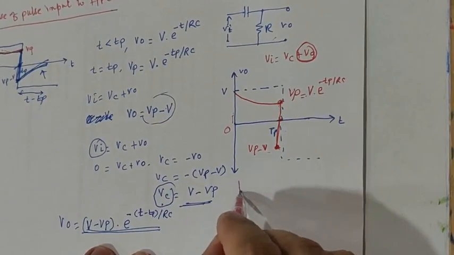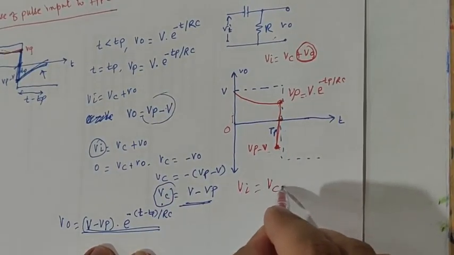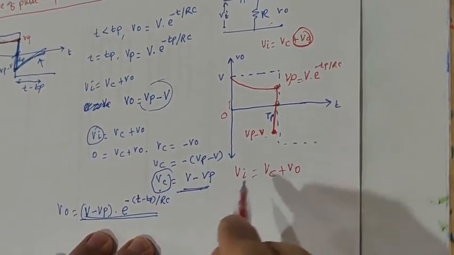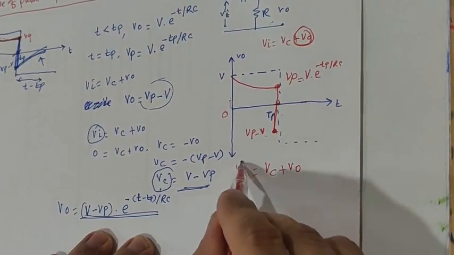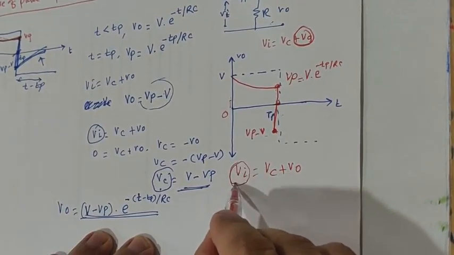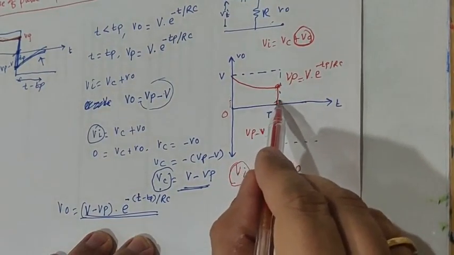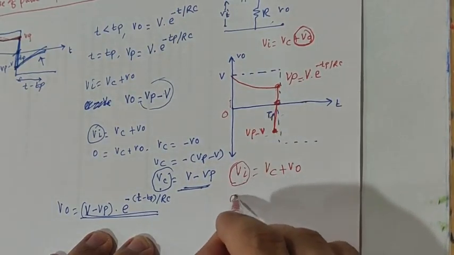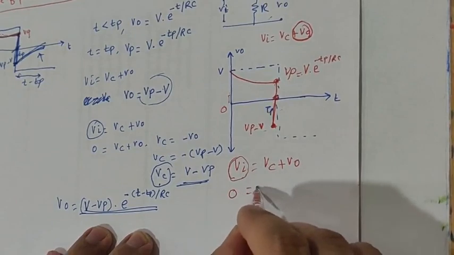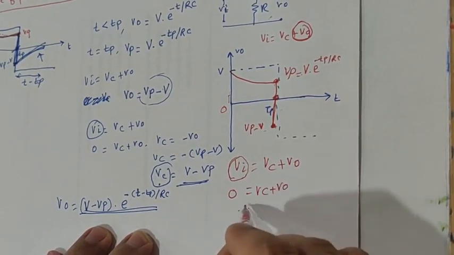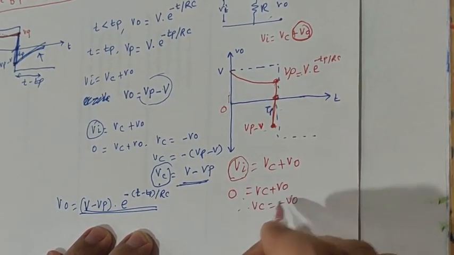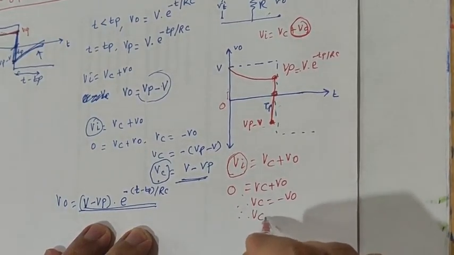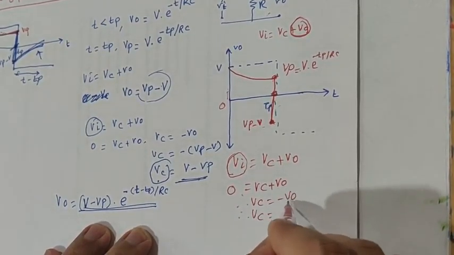So see the equation. The equation was Vi is equal to Vc plus V0, right? But the value of input voltage is 0 here. See, it has fallen to 0 at t is equal to Tp. So Vi is equal to 0, so I will put it as 0. So the value will be Vc plus V0, and therefore Vc will be minus V0.